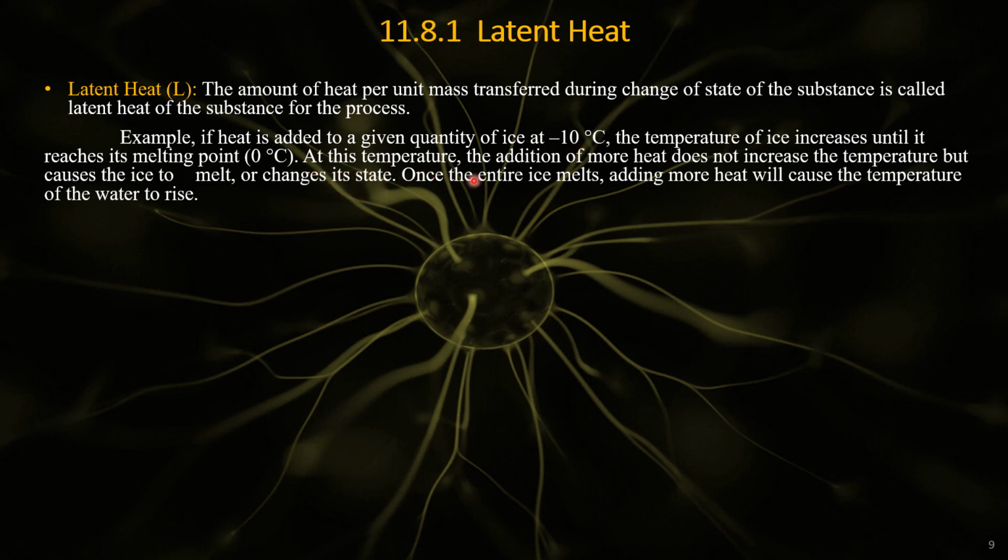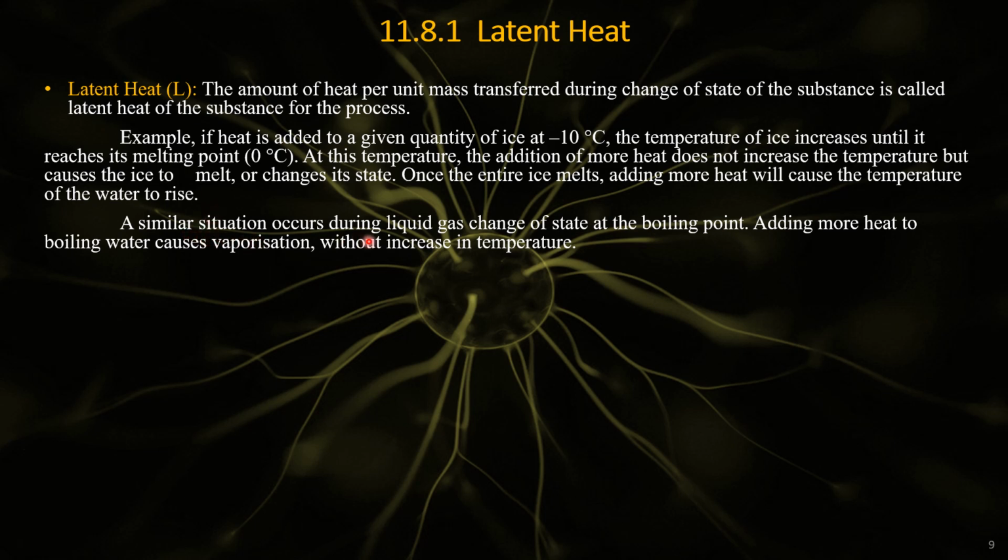At this temperature, that is at 0 degrees Celsius, the addition of more heat does not increase the temperature but causes the ice to melt or change its state. Once the entire ice melts, adding more heat will cause the temperature of water to increase.